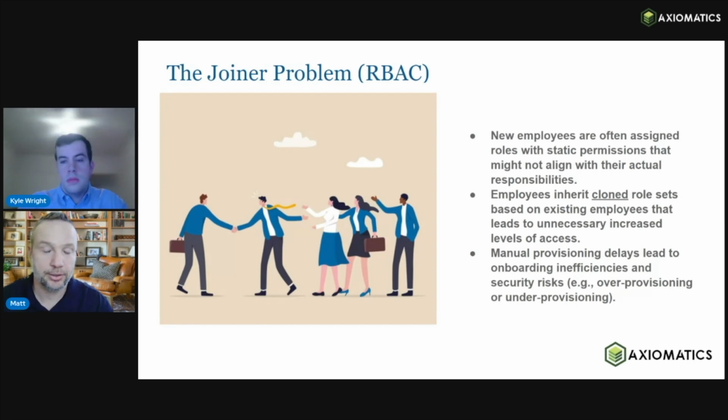Their security clearance is level 1. All of the different attributes that make up who they are typically end up getting added as roles. But these roles are often simply cloned from that master user. And what ends up happening is that the person who comes on board is typically inheriting more access than what they actually need in order to do their job.